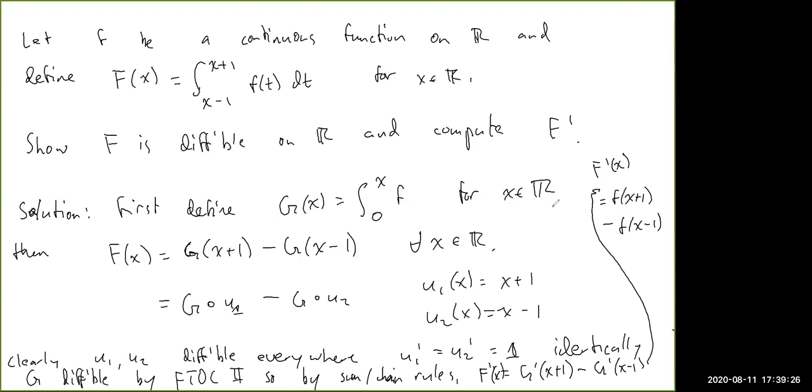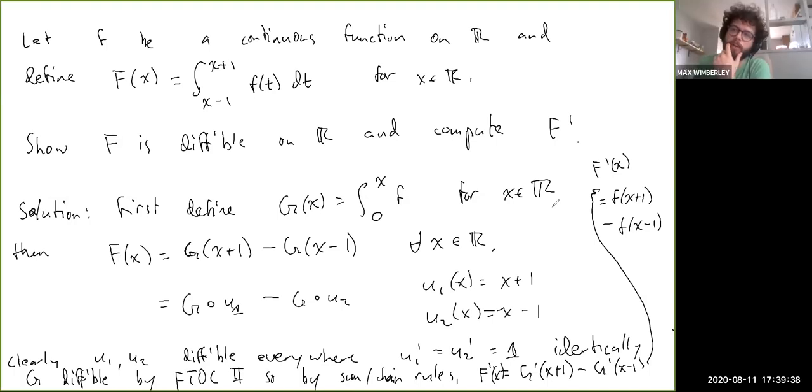A question, do we need to introduce the u, or can we just split it up as F of x is the integral from 0 to x plus 1 of f of t dt minus the integral from 0 to x minus 1 of f? Yeah, actually, I guess you could do that.